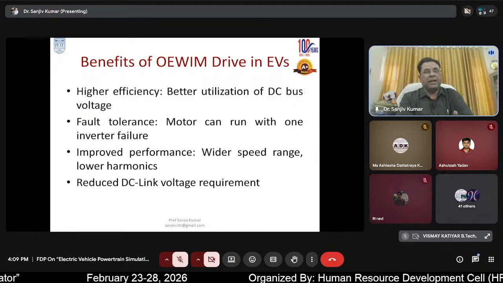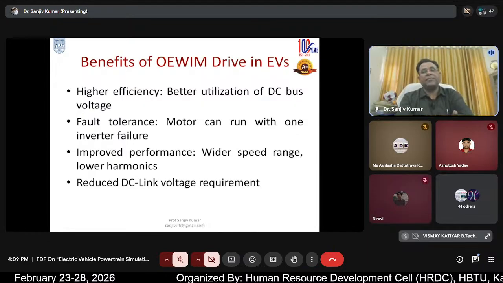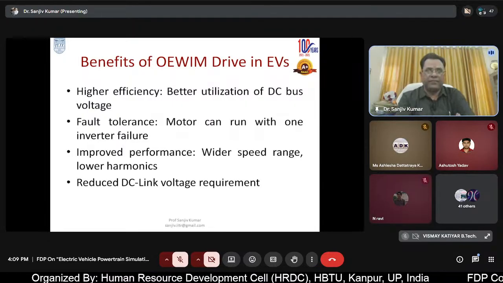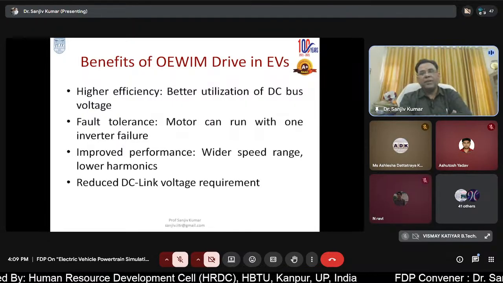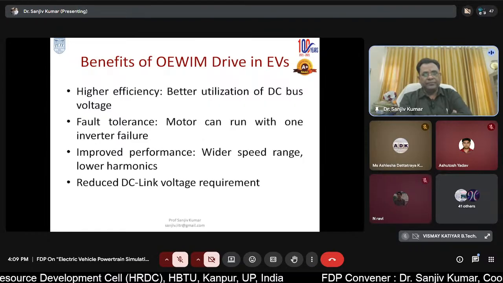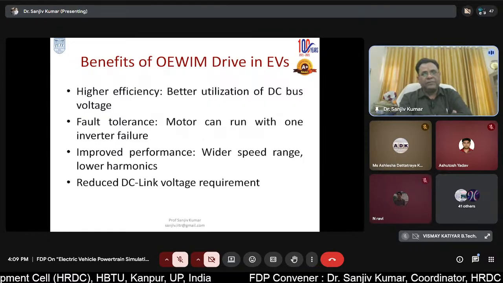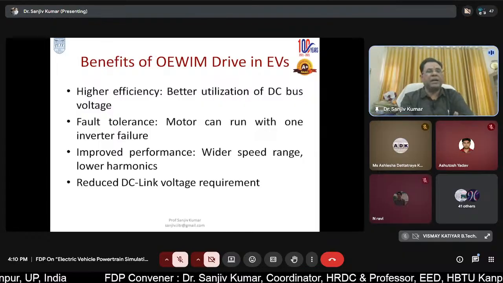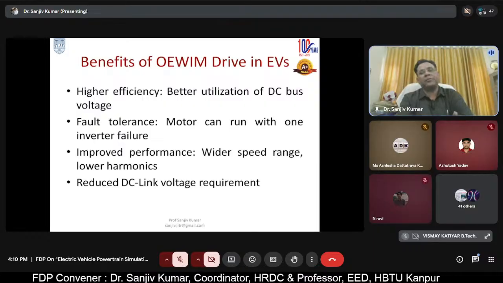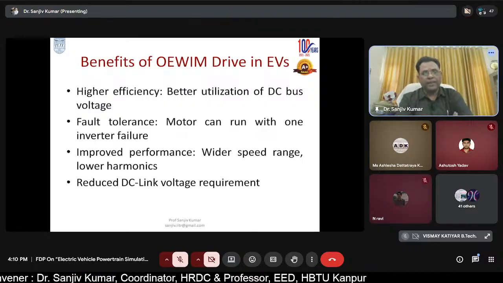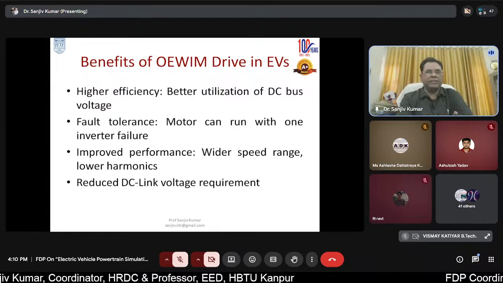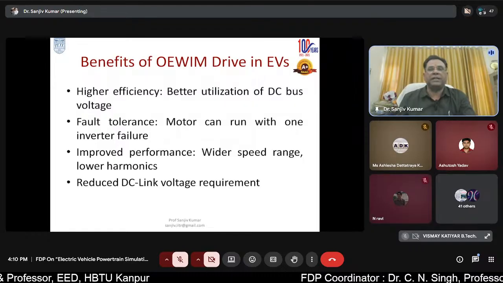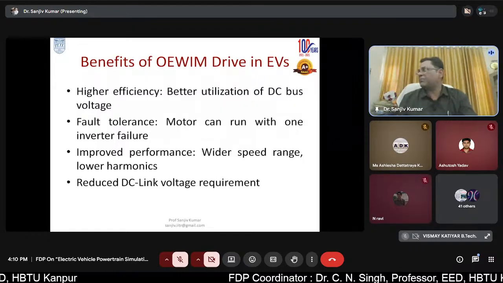For fault tolerance, there are two inverters, so if one inverter fails, you can use the second inverter. In performance, a wide range of speed can be achieved, the harmonic content of the inverter output voltage is quite low, and reduced DC-link voltage requirements are a few advantages of open end winding induction motor over the normal induction motor.